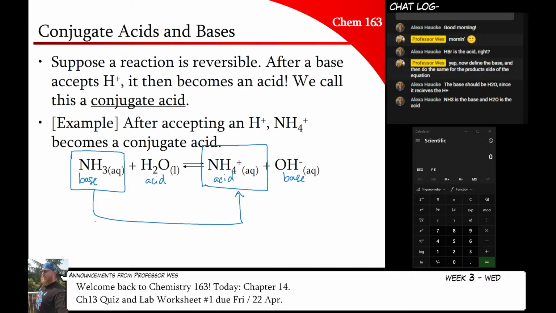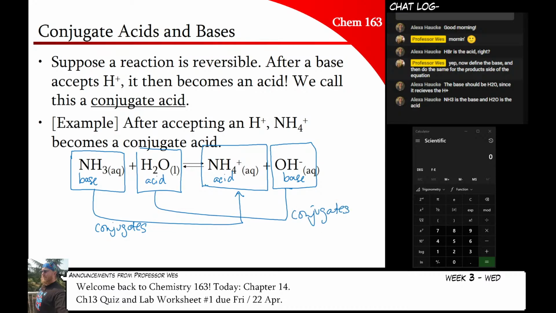So these two are conjugates. The other two must also be conjugates. Now, importantly, when I say differs by H+, that could be added or removed. So you do have to look in both directions. So be careful about that.